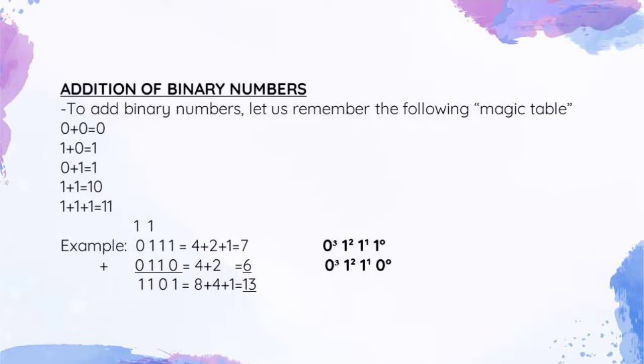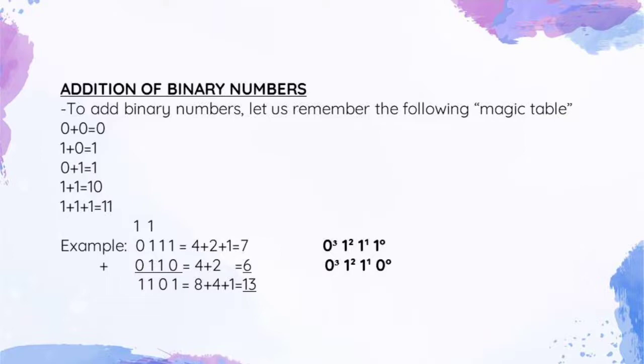So in total, we have 4 plus 2, and the answer is 6. So 0110 in decimal is 6. To add up all, 7 plus 6 is equal to 13. So our answer in this example is 13, or 1101.